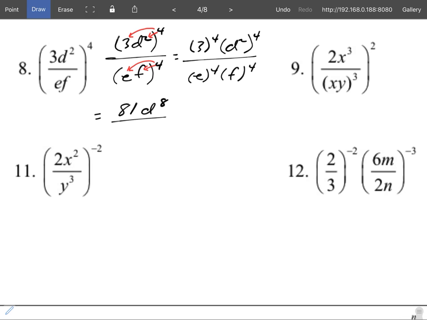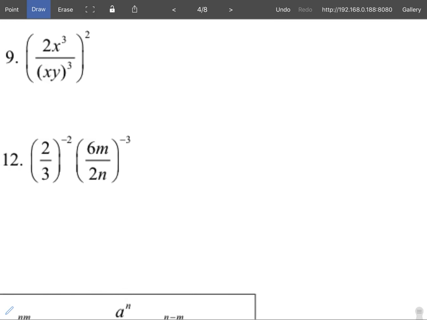So that's going to give you a d to the 8th. And then in the denominator, you're just going to have an e to the 4th times an f to the 4th. So that's number 8. So we got 4 more to go, and then we go on winter break.